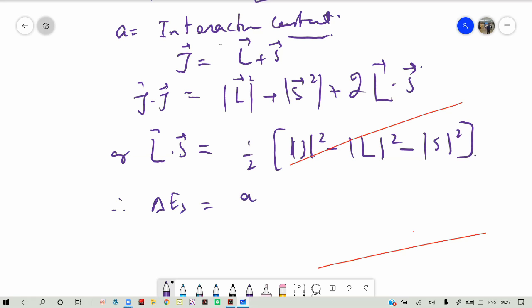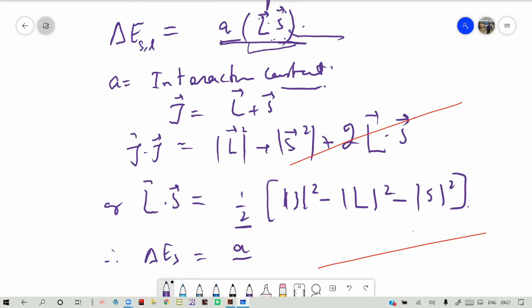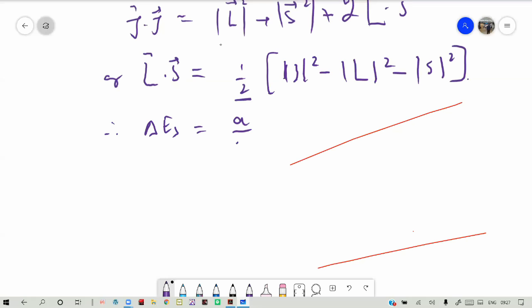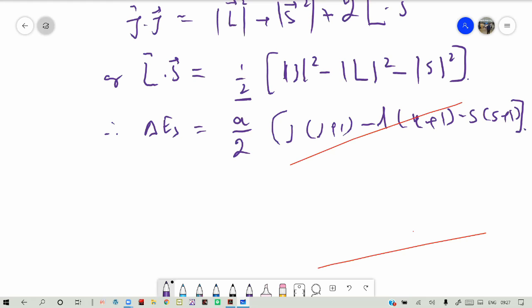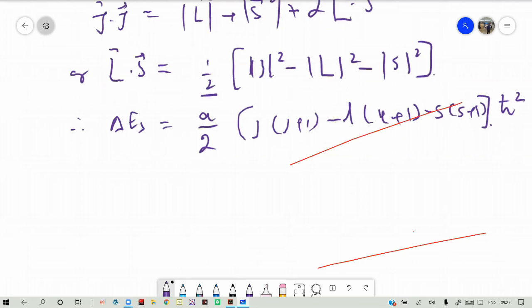Therefore delta ES is A by 2 times J into J plus 1 minus L into L plus 1 minus S into S plus 1, into h cut square. Not h square by 4 pi, h cut square simply.